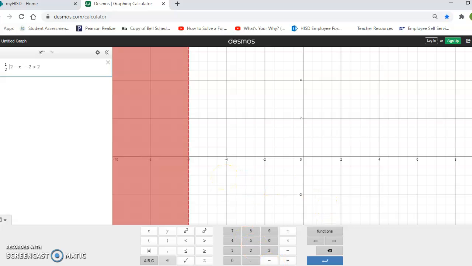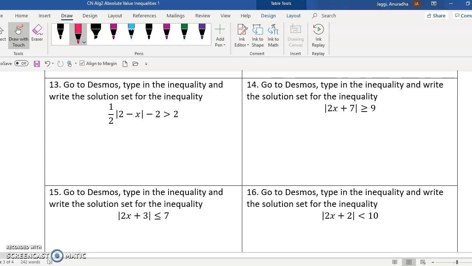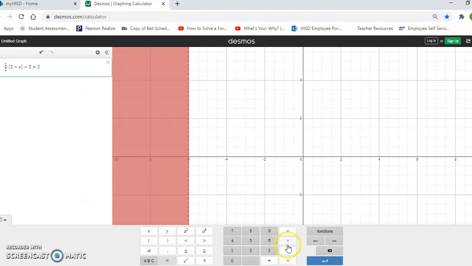Let me double check. That was the inequality: half of |2 minus x| minus 2 is greater than 2.